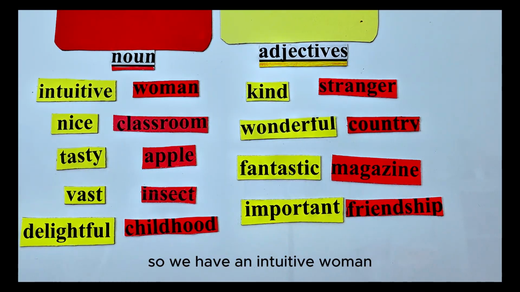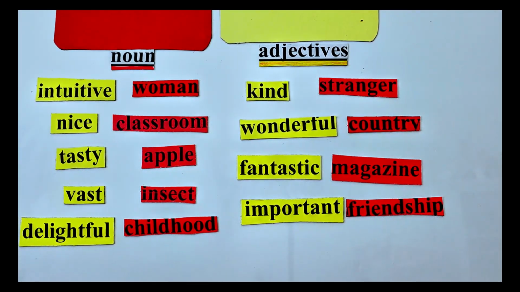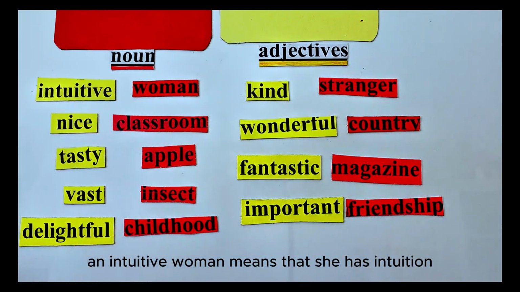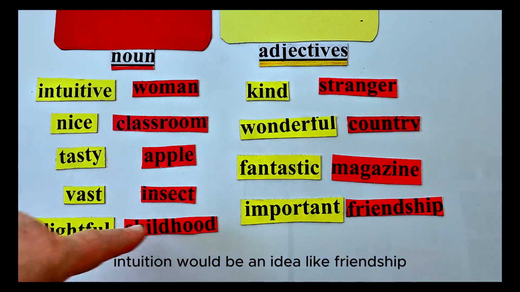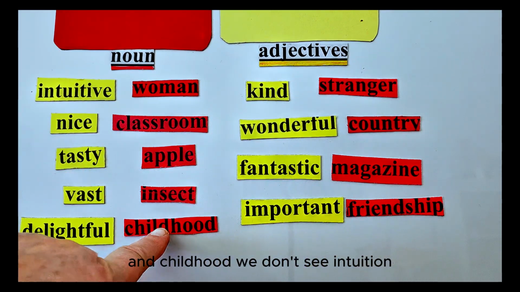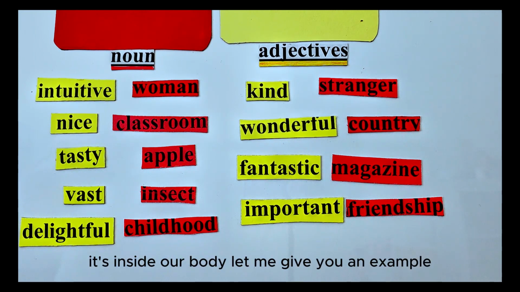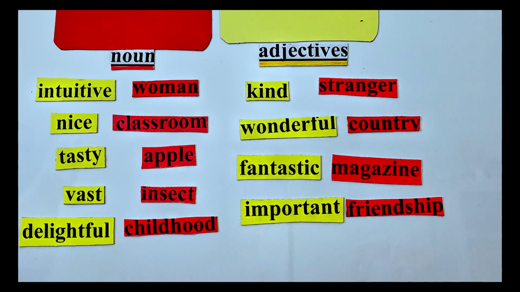So we have an intuitive woman. An intuitive woman means that she has intuition. Intuition would be an idea like friendship and childhood. We don't see intuition. It's inside our body. Let me give you an example. Teachers have good intuition.